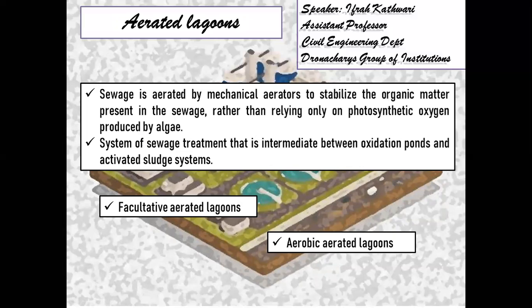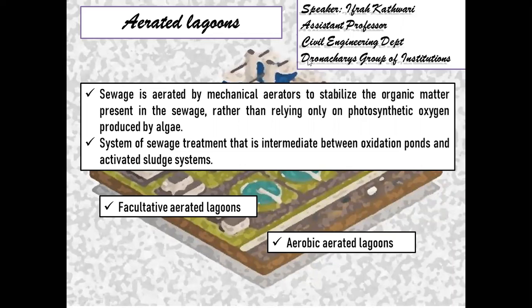But in the case of aerated lagoons, we make use of mechanical aerators. The mechanical aerators are used to provide the oxygen for the microorganisms to carry out the decomposition of organic matter, or to stabilize the organic matter that may be present in sewage.